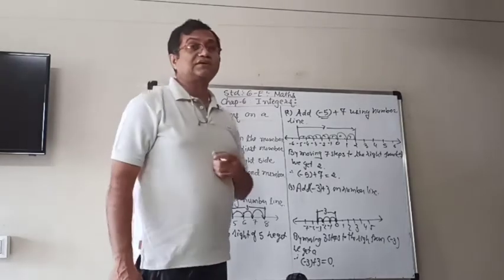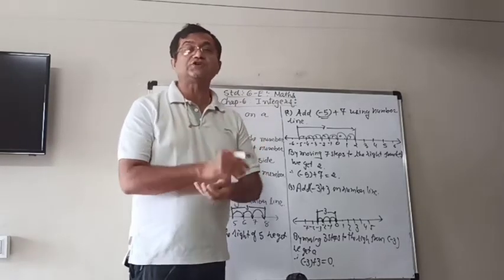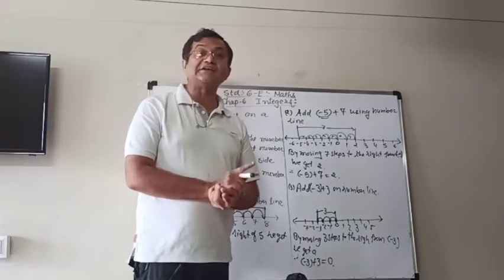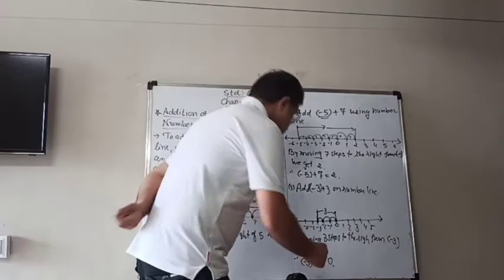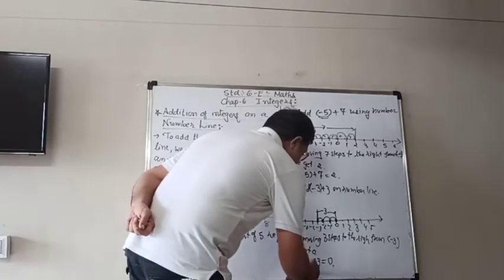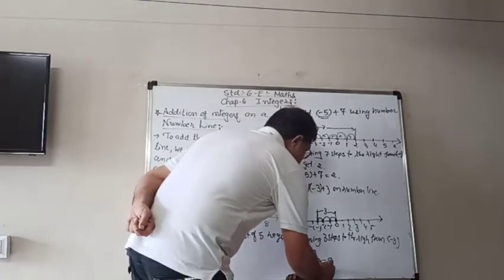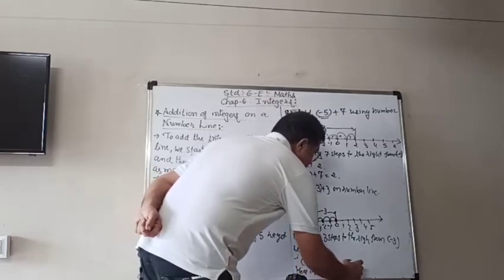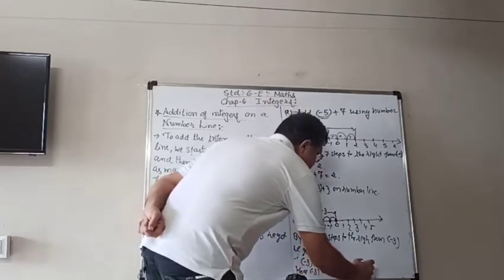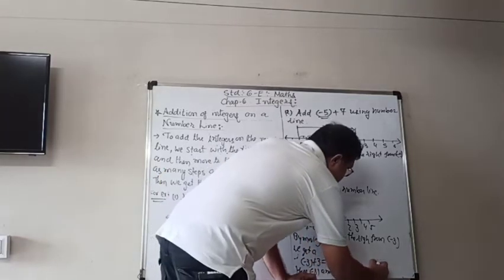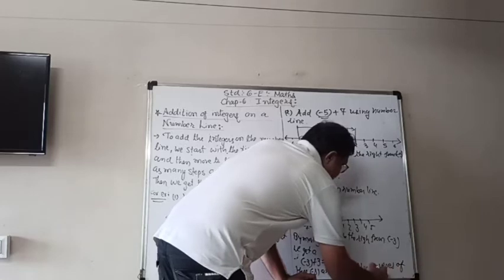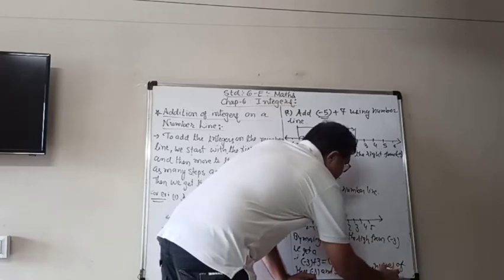So now when we add two numbers and the answer is 0, then they are known as additive inverse. So here -3 and 3 are additive inverse of each other. Inverse of each other. Why? Because their sum is 0.